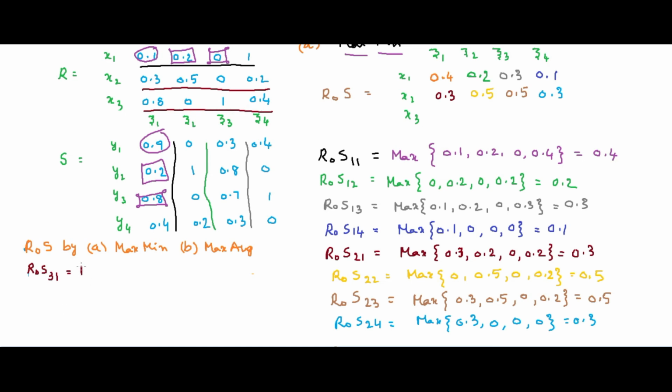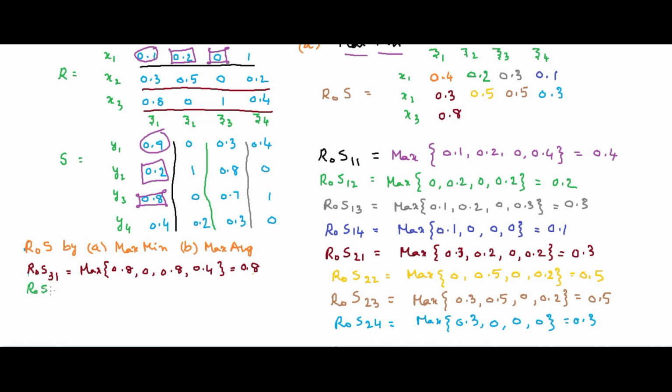So this should be minimum of 0.8 and 0.9 is 0.8, and 0 and 0.2 is 0, 1 and 0.8 is 0.8, and 0.4 and 0.4 is 0.4, which is equal to 0.8. That's all. So the value will be 0.8 here.